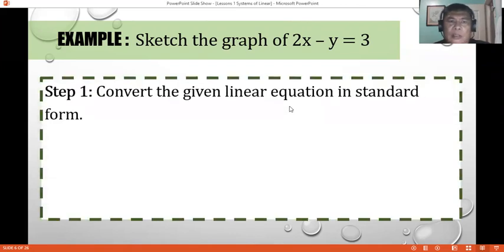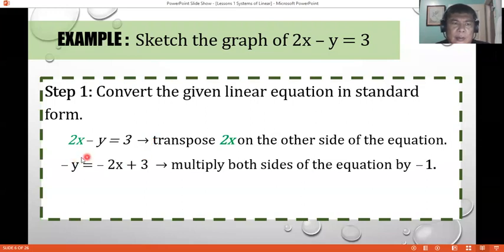Step 1. Let us convert the given linear equation in standard form. Ang given natin, 2x minus y equals 3. Transpose natin ito. Yung standard form kasi nasa left yung y at nasa right yung x. Pagka-transpose nito, magiging negative siya.